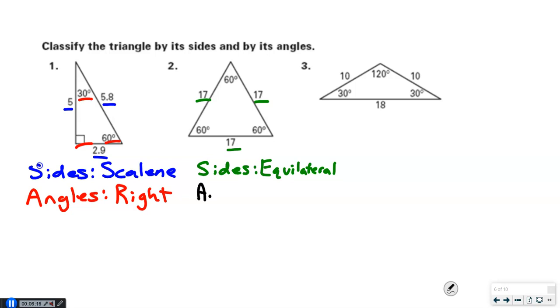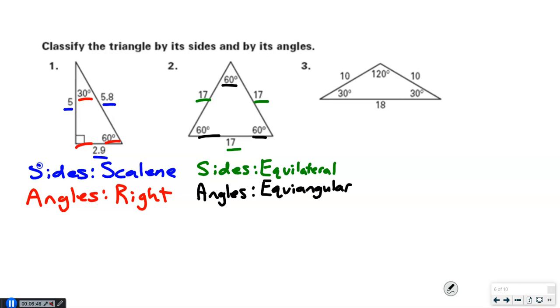And then our angles for number 2, we have 60, 60, and 60. Remember I said if all the angles are the same, they will be 60 degrees. That is equiangular. Now if you remember in our polygon unit, anytime we had an equilateral and equiangular polygon, it was known as a regular polygon.